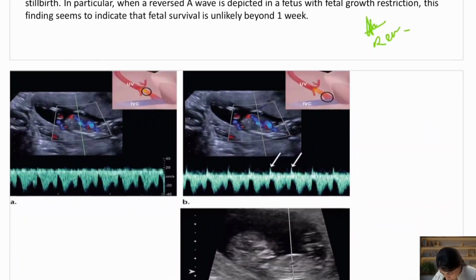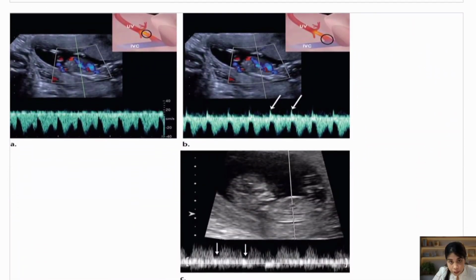Let's first discuss the normal waveform patterns. So, ideally, the sample volume should be small, 0.5 to 1 mm, and the waveform pattern should be very clear, S, D and A wave. Make sure that it doesn't get intermixed with the adjacent veins or arteries, for example, the hepatic artery, portal vein, hepatic veins.